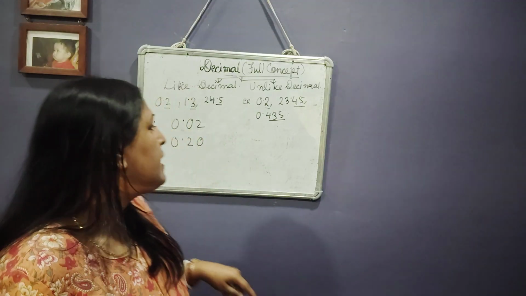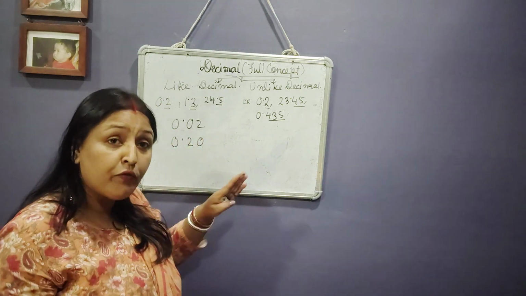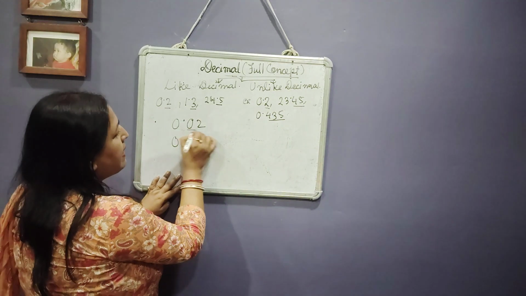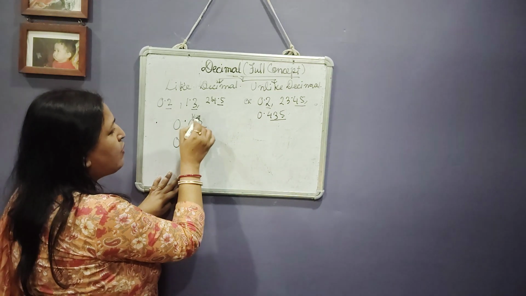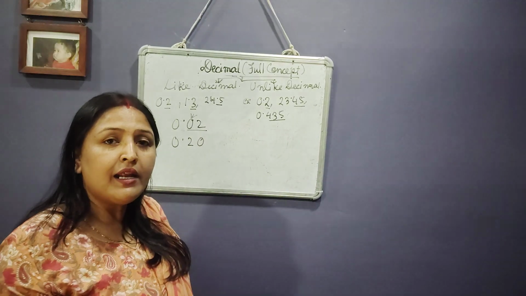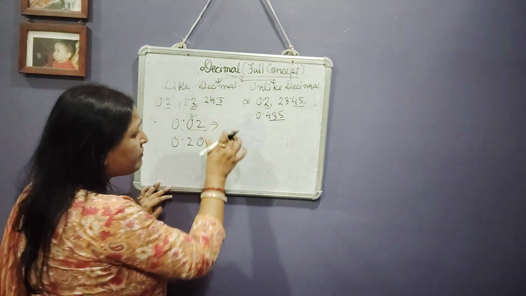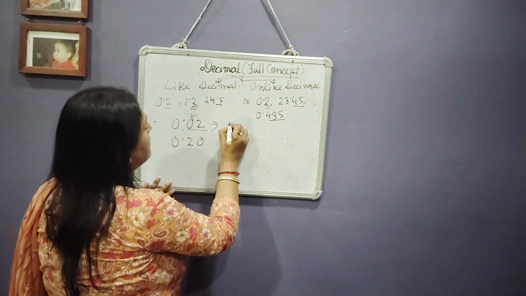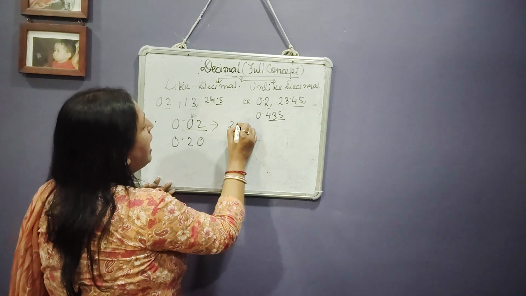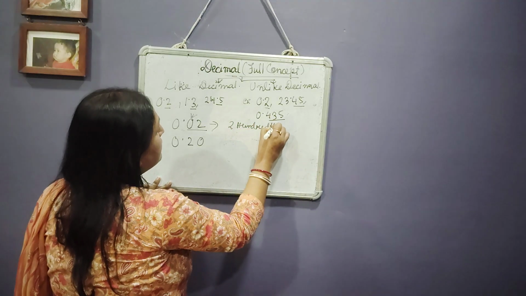Why? Because in a decimal part, if there is a 0 before a number, then it has some value. What is the value? If you write it in an expanded form, or if you read it, it will be 2 hundredths, since 2 is in the hundredth place.